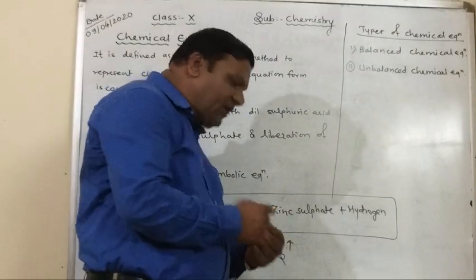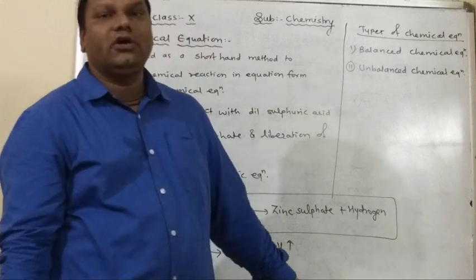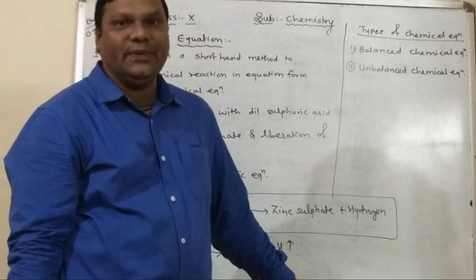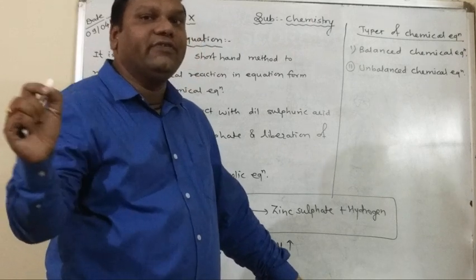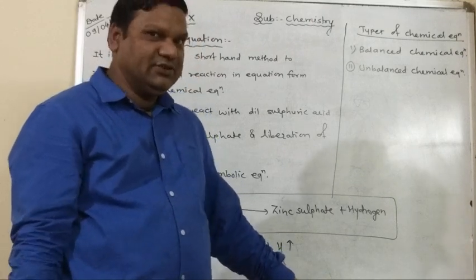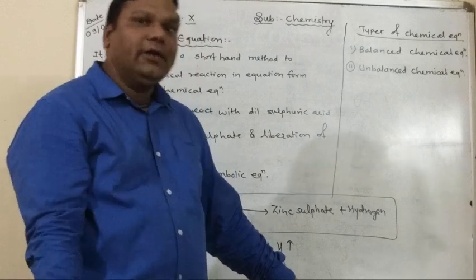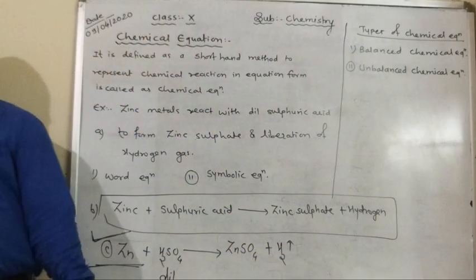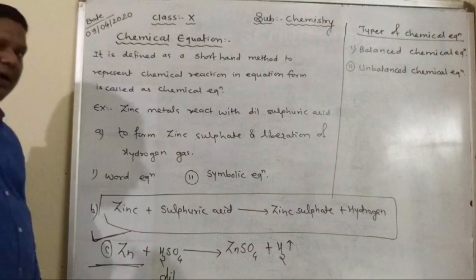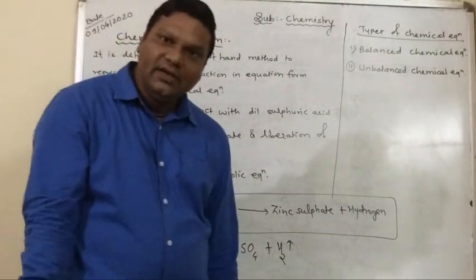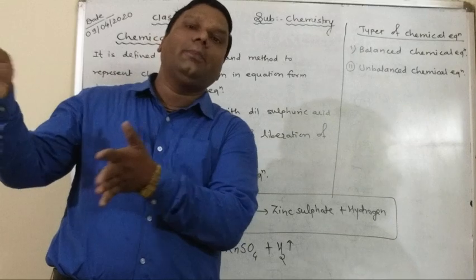So in class 9, in the third lesson, the atoms and molecules chapter, we discussed the law of conservation of mass. It was discovered by Antoine Lavoisier, and it clearly says that the mass of reactants is equal to the mass of products.